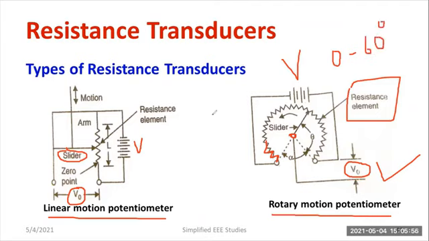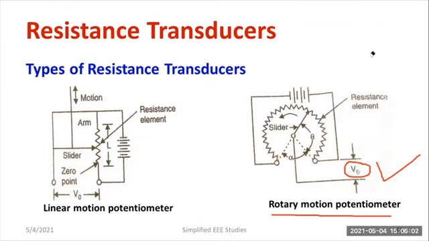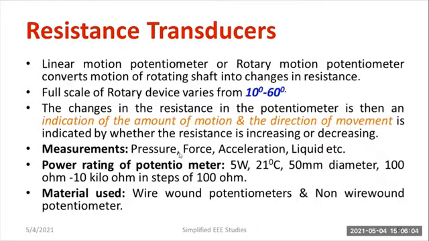So let me talk about more details about this kind of transducer. I'll be putting a lot of information regarding this kind of transducer in the next slide. You can go through the next slide. See, a linear motion potentiometer or rotary motion potentiometer converts motion of a rotating shaft into changes in resistance. Whenever changes in resistance occur, the output voltage is also getting varied. That point also you have to remember. In the case of a rotary type resistive transducer, the rotary device varies from 0 to 60 degrees.